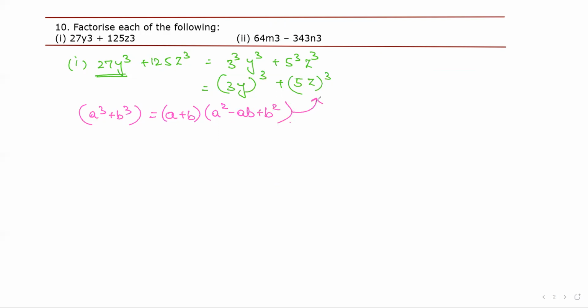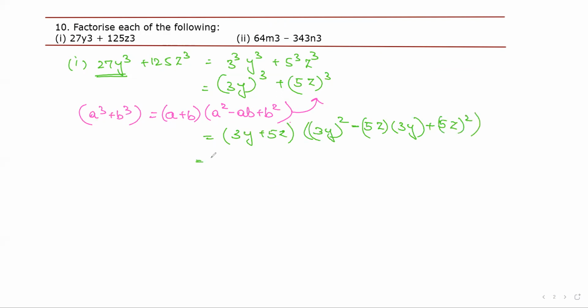Applying this over here, we get (3y plus 5z) as it is, into (3y) whole square minus 5z into 3y plus (5z) whole square.